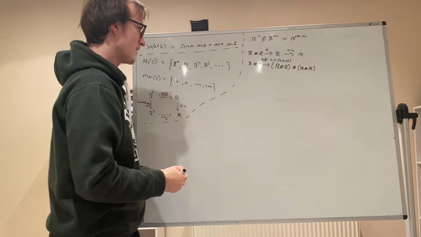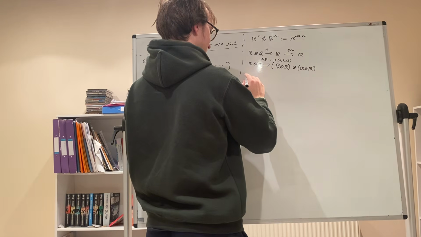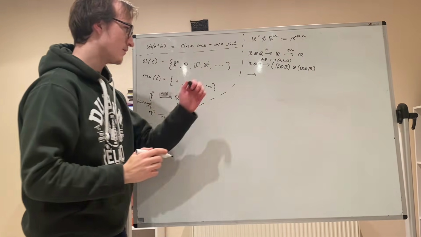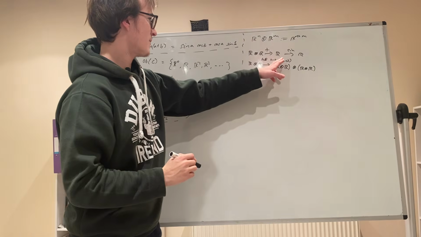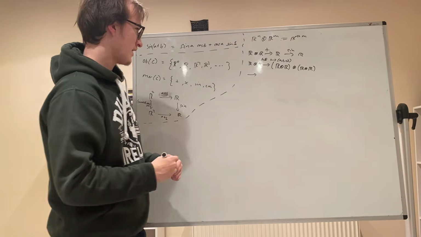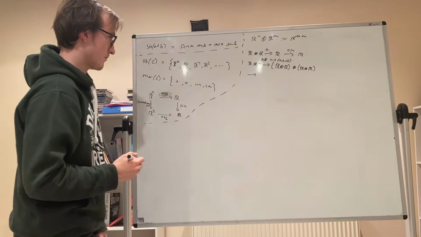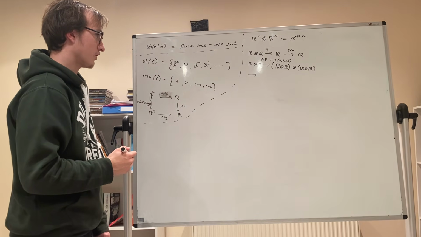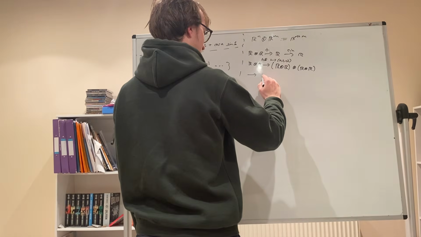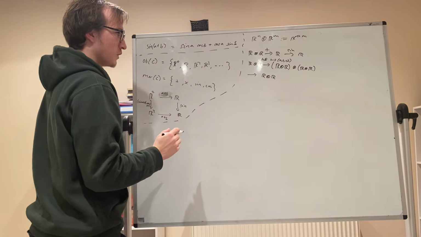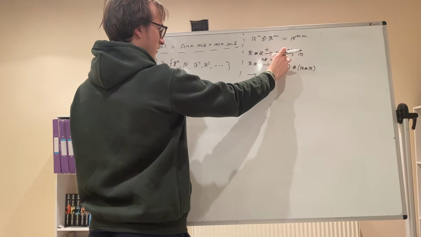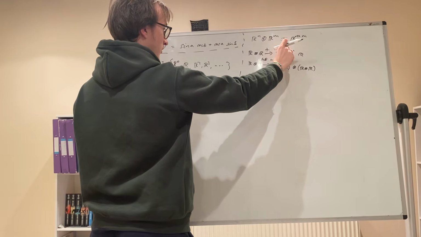Okay. So now we've got (A, B), (A, B). We could then send this to R times R again, by doing what? Well, we could just apply sine, cos, cos, sine.